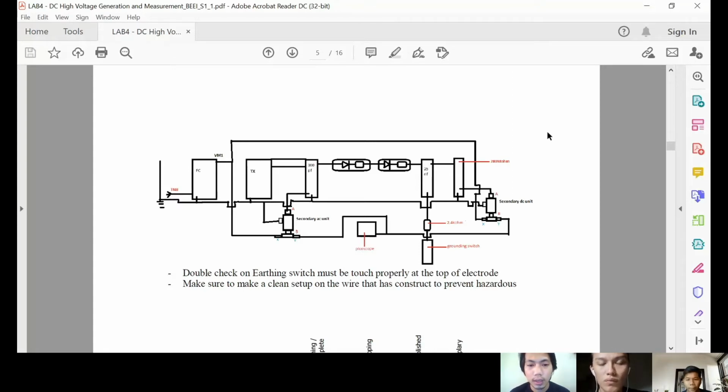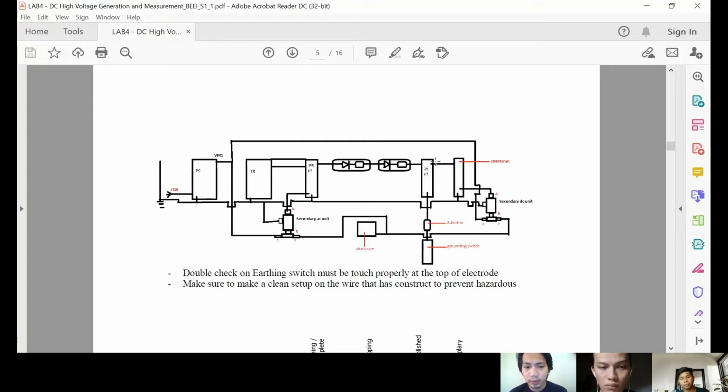There are blocking diodes that block the voltage from going through the line. Then it goes to the capacitor that will lower the ripple voltage, and then to the 280 megaohm resistor.